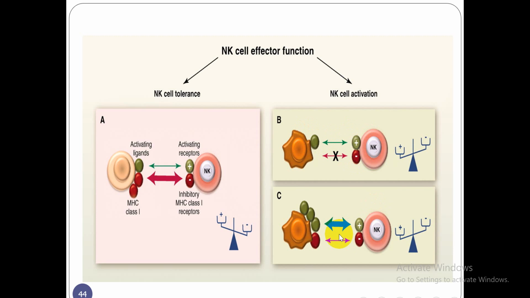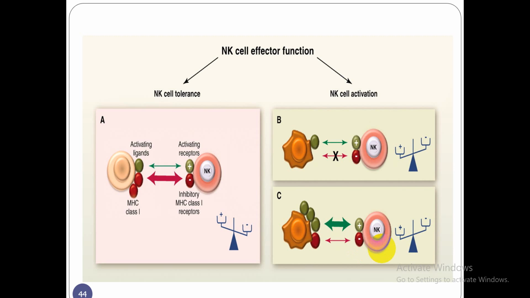Also, in some conditions, you can see both the ligands for activating and inhibitory receptors are present, but the ligands of activating receptors are more than the ligands of the inhibitory receptors, and the net result is the activation of the NK cell.